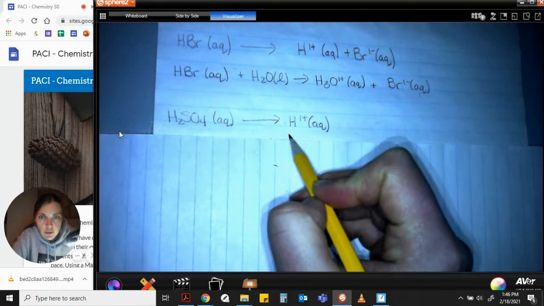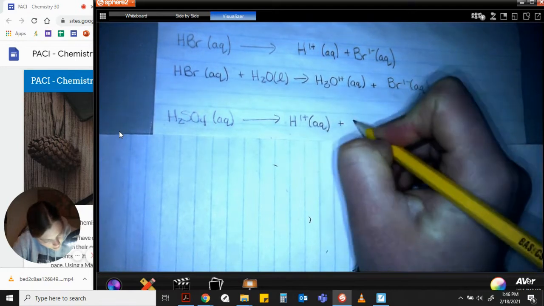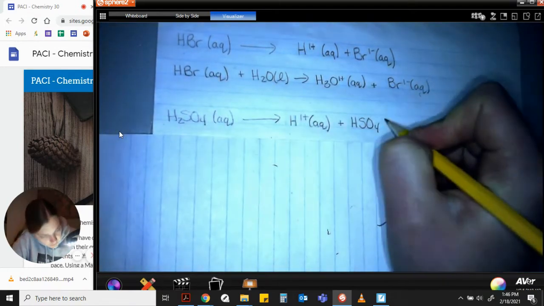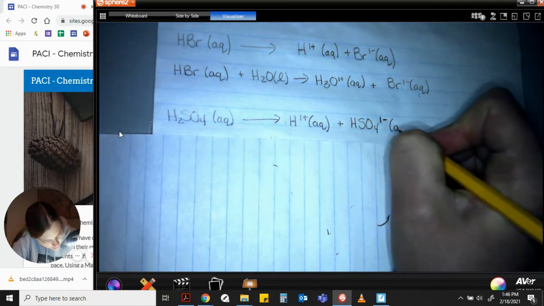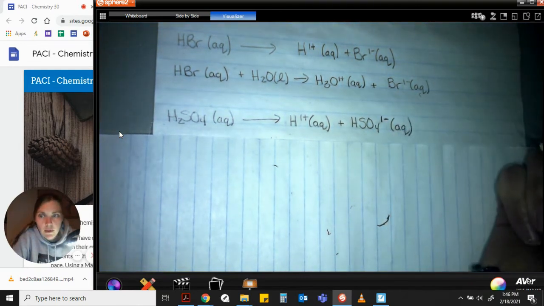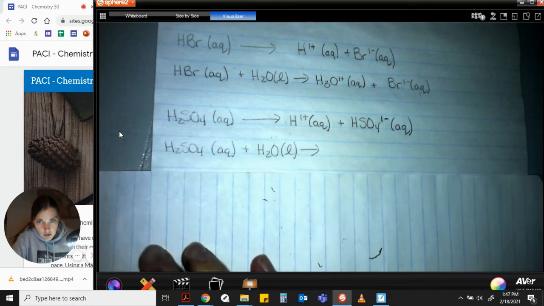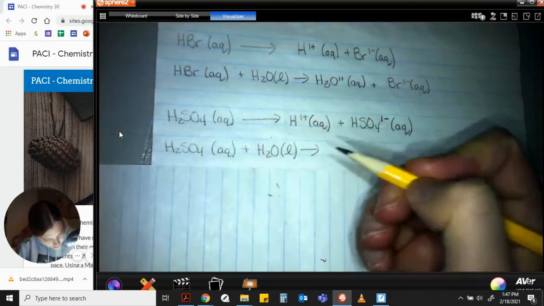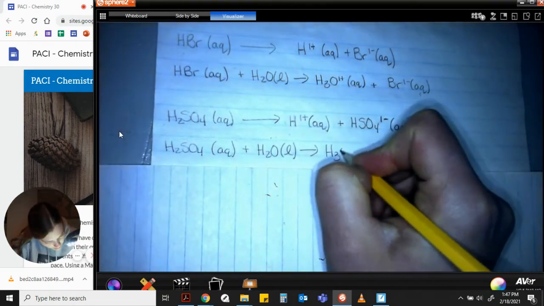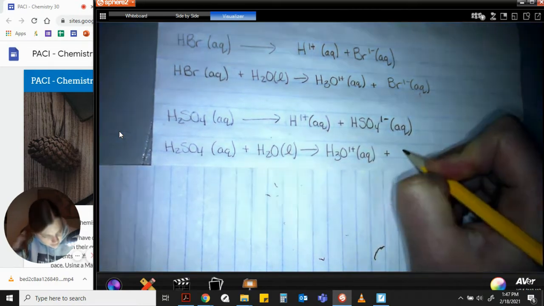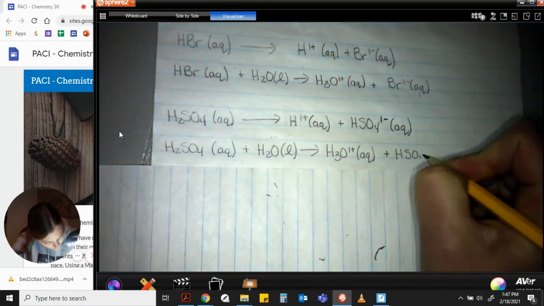So I'm going to have H1+, and then plus HSO4 because I've only lost one of them, 1 negative. This one's going to be aqueous. And so every time that we do it, we only can lose one hydrogen. So same thing down here, I end up with H3O 1+ plus that HSO4 1 negative.